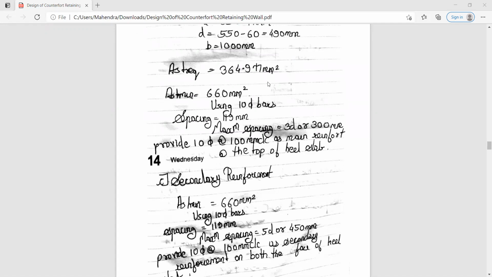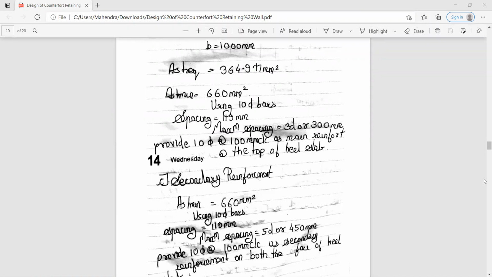Yes, Omkar. Done? Tanveer. Okay. So now we need to design for the toe slab.